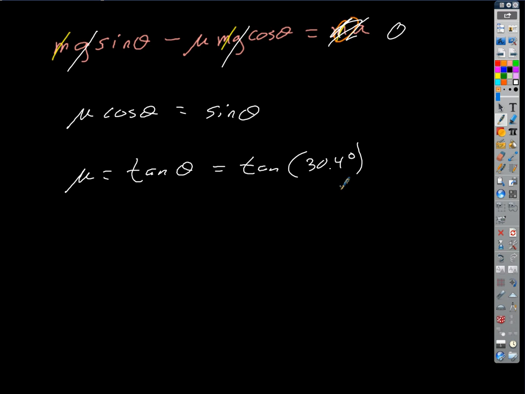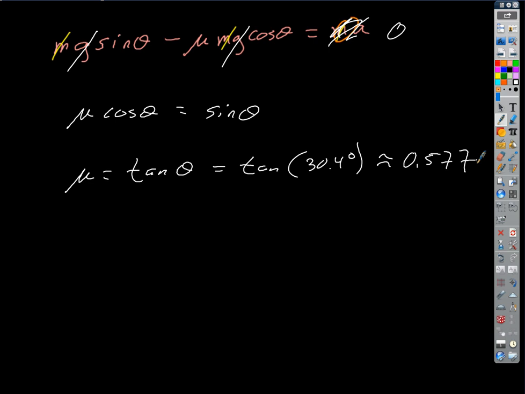Yeah, 1 over square root of 3. So that's going to be about 0.57. What is it to 3 places? 0.577. Okay, so there's our coefficient.